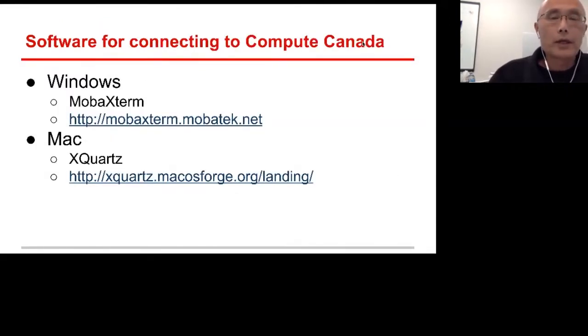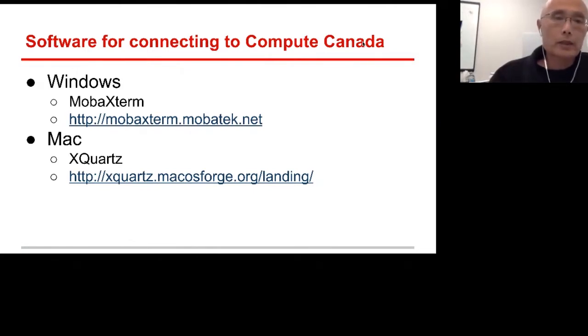Okay, the first step is how to connect. On Windows, you can install a program called MobaXterm, which is the recommended software to use because it's also self-contained. Some of you may be familiar with PuTTY.